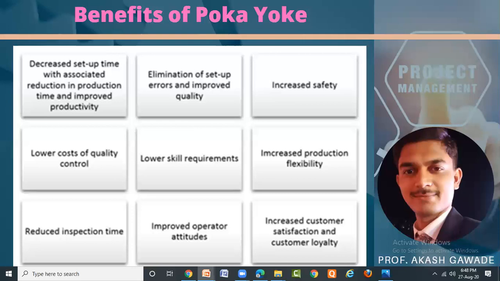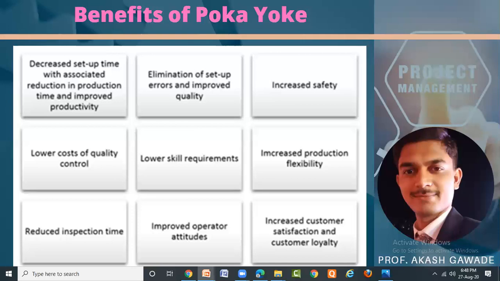Increase customer satisfaction: if you deliver a product in the right quality as per the customer requirement, the customer will automatically be satisfied. The next one is improved operator attitudes and reduced inspection time.